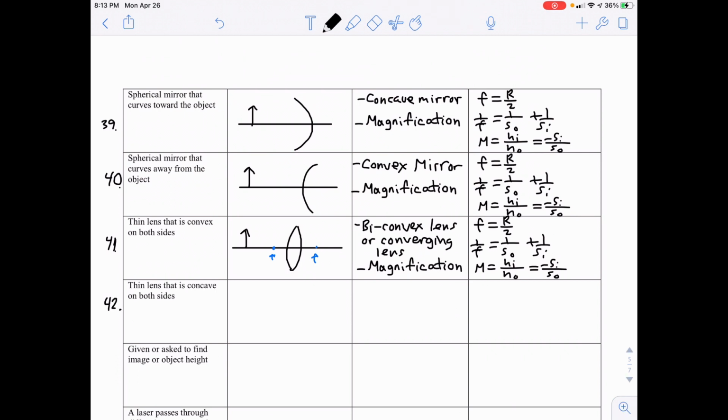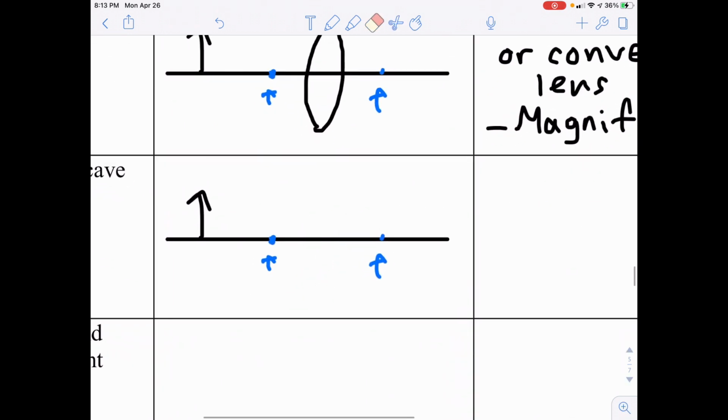Well, in number 42, we have a thin lens that is now concave on both sides. So, similar situation. However, the lens would look more like this.